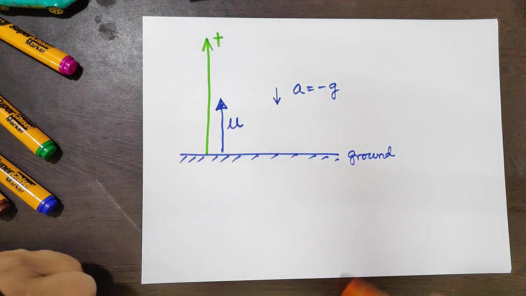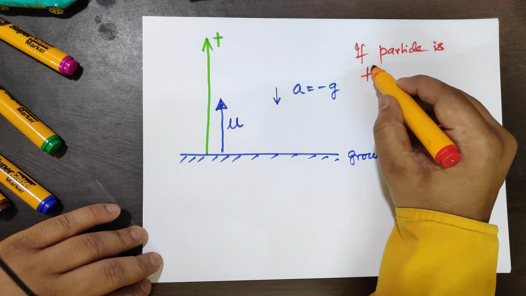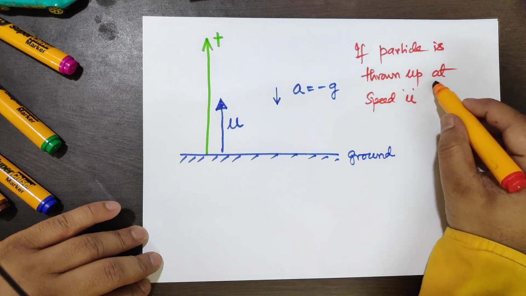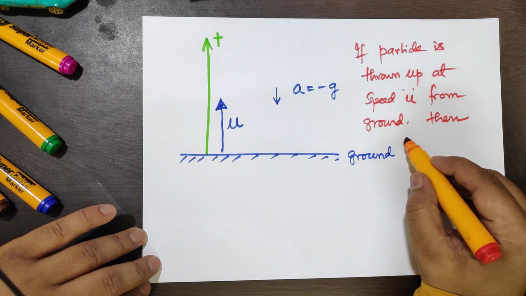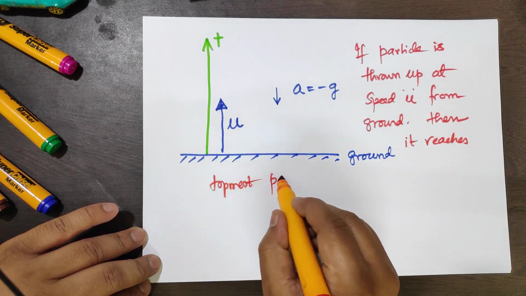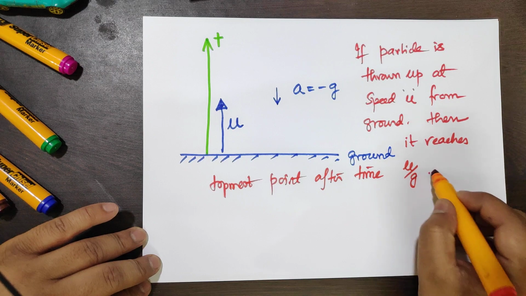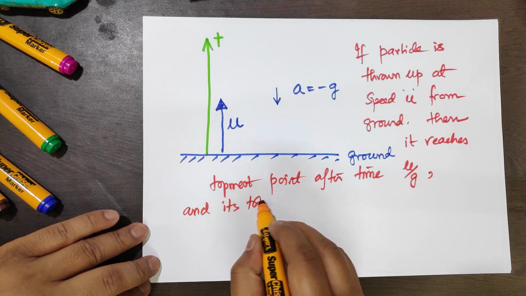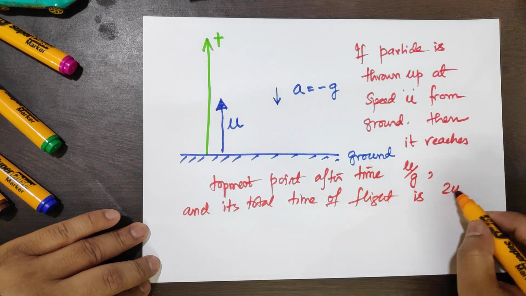So you can write if a particle is thrown up at speed u from ground, then it reaches the topmost point after time u by g, and its total time of flight is twice u by g.